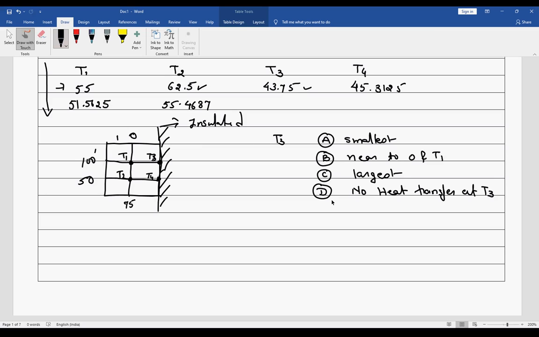Which one is the heat transfer? Okay, so answer this question now. So A, B, C, D. These are the options.